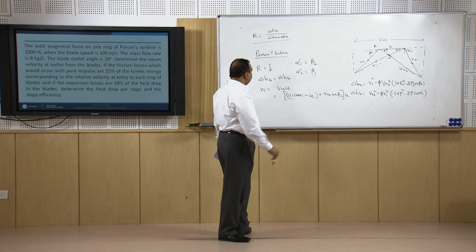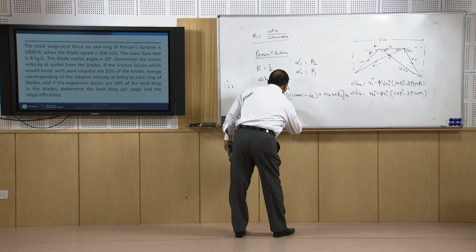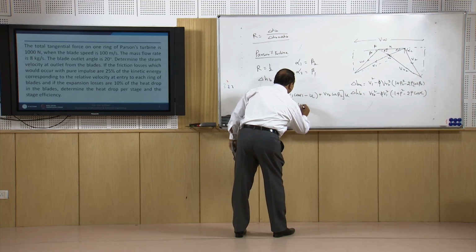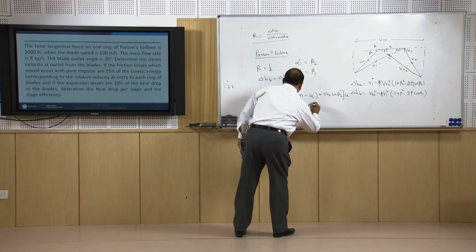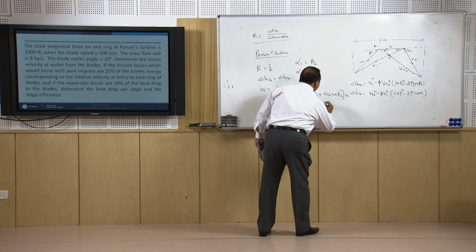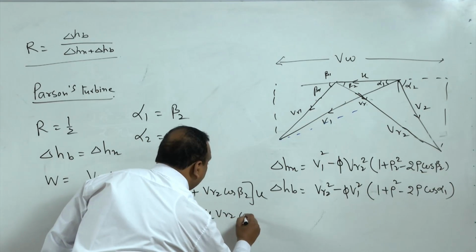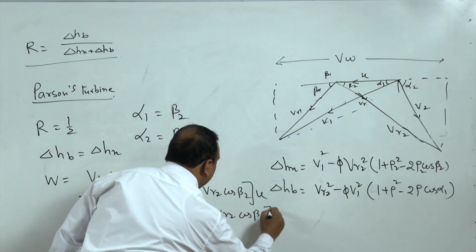So, it is U multiplied by V1 cos alpha 1 minus U plus VR2 cos beta 2.